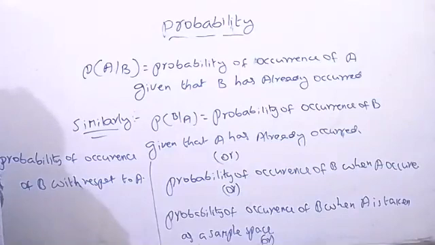Okay, clear now? So based on that, I will take one small example. Try to understand the conditional probability only. If you completed, just once remind me, I will tell you that.